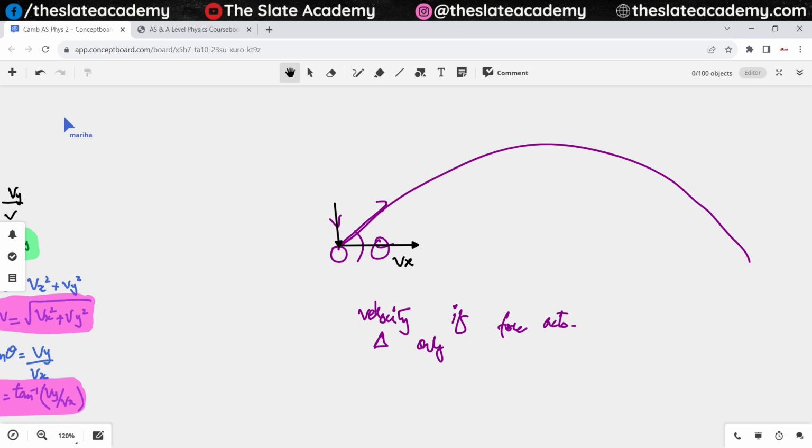Only the component on which the force acts would change, not the entire velocity. So if force acts along a component, only that component of velocity would change; the other component will not change. Is this statement clear?